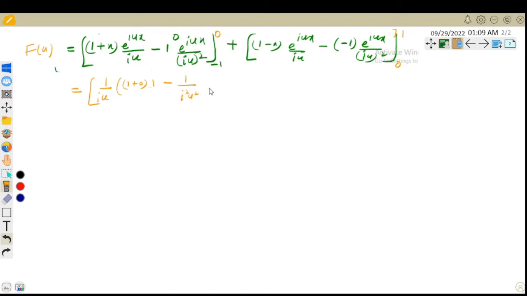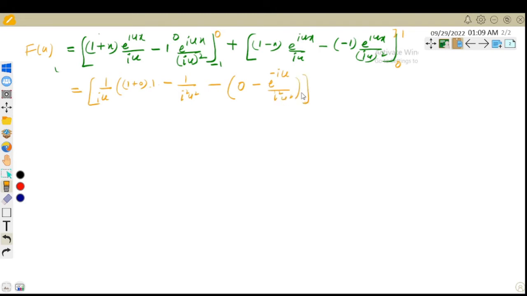So the upper limit 0 is over, minus the lower limit minus 1. Substitute x equal to minus 1, the first value becomes 0, minus e raised to minus iu divided by i square u square.